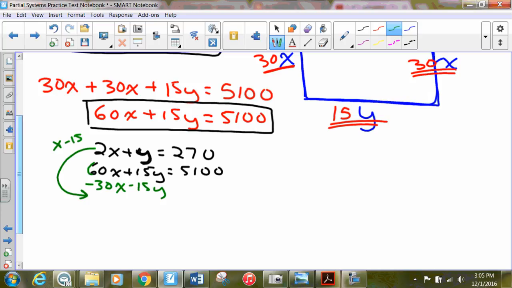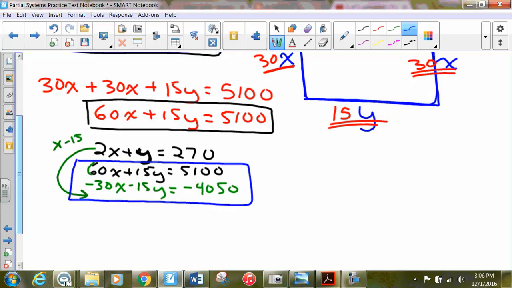I think that was a 60. Okay, and then 270 times negative 15. All right, by this time I found my paper. So that gives me negative 4050.